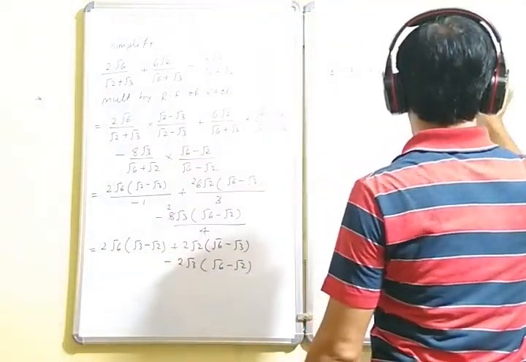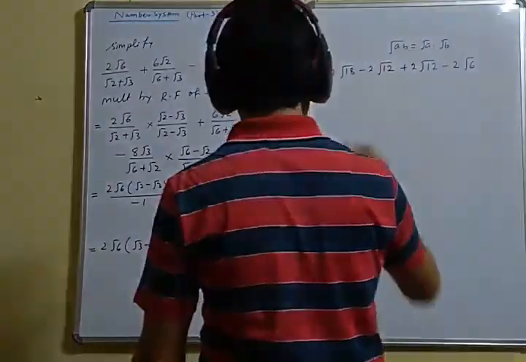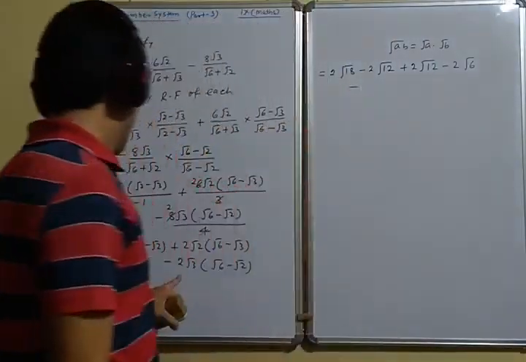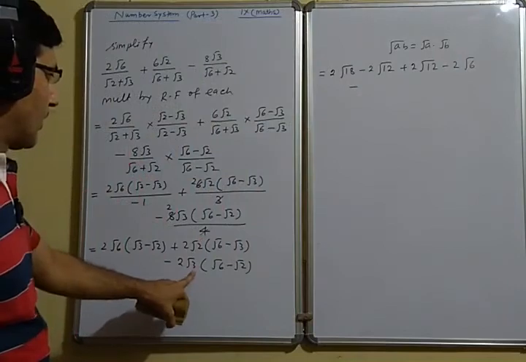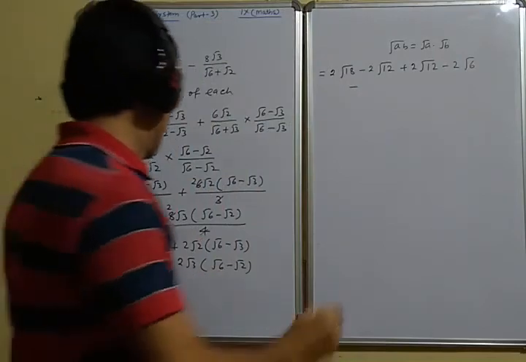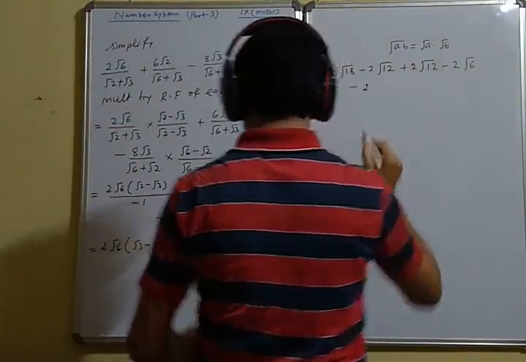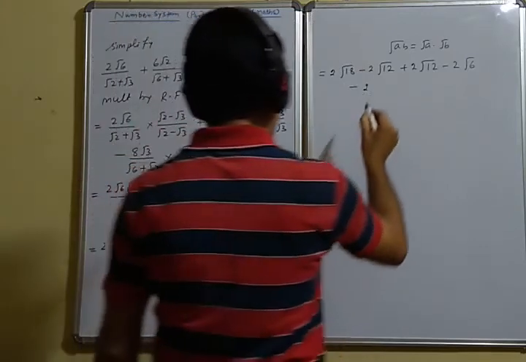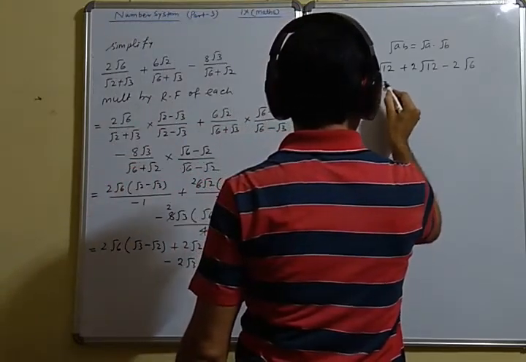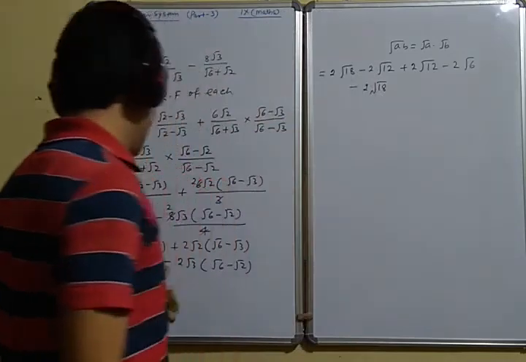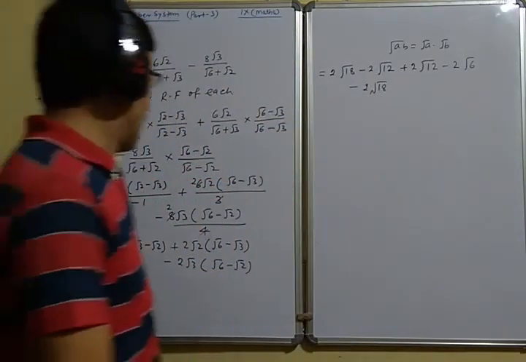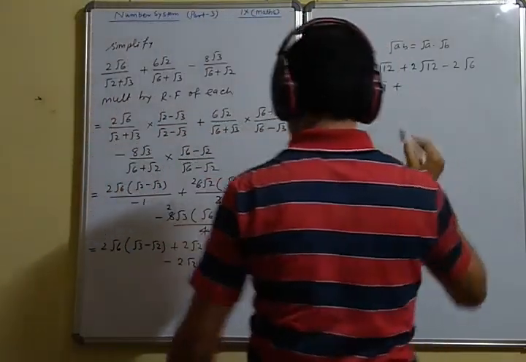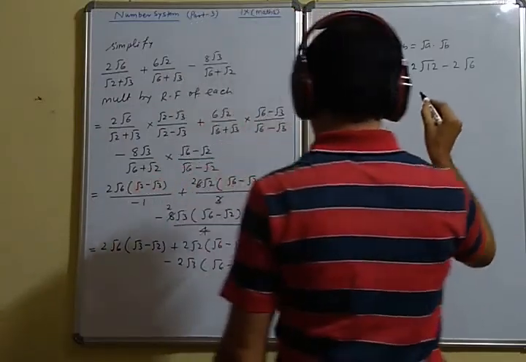Then minus 2 root 3 into root 6 is root 18, minus 2 times root 6 into root 2 is root 12, and the signs work out to plus 2 times root 6.